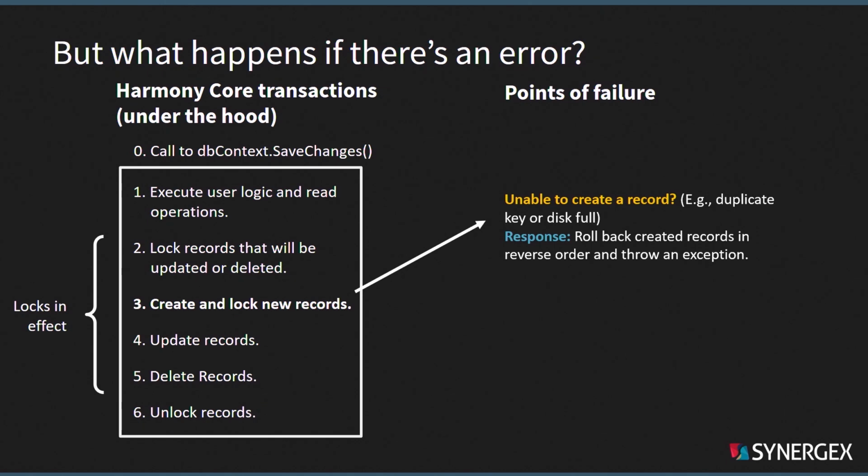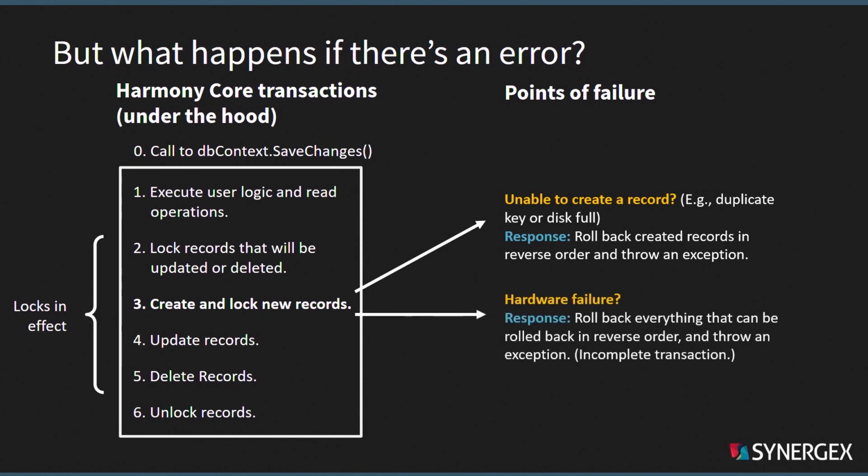Points of failure here are that I'm unable to make a record, so I've just offered a duplicate key, or the disk is full, or something like that. What we do in response is, in reverse order, we go delete those records that we created. They are still locked, so we can delete them, because no one can get in on them on top of us. We just delete them in reverse order, and then throw an exception once we're done, and nothing has been written to disk now. We've cleaned up after ourselves.